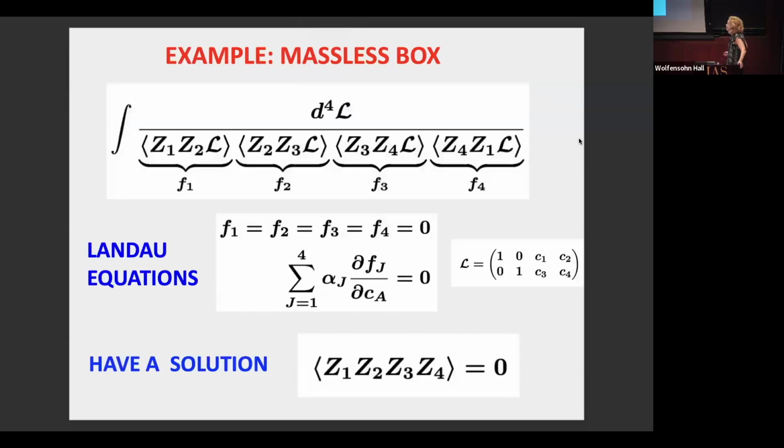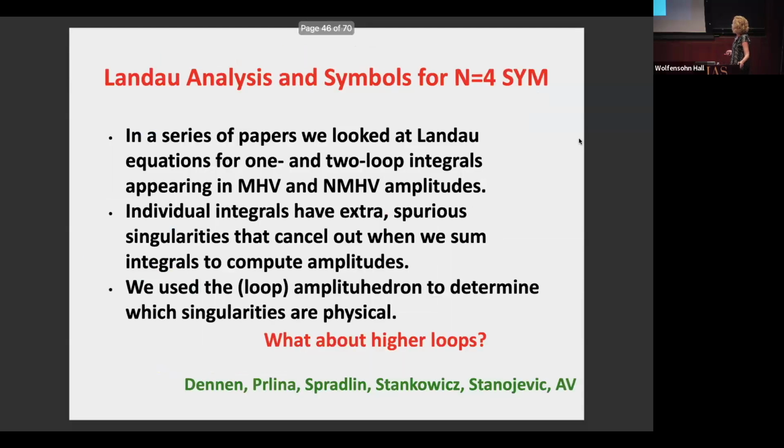So for example, for the massless box, and I've written it in terms of the z's, a very simple integral of this form, you solve Landau equations, and you have a solution, which is the singularity of this massless box. So 10 years ago, with our former students and postdocs, we basically just took, I should say, the integrand, of course, is very well known.